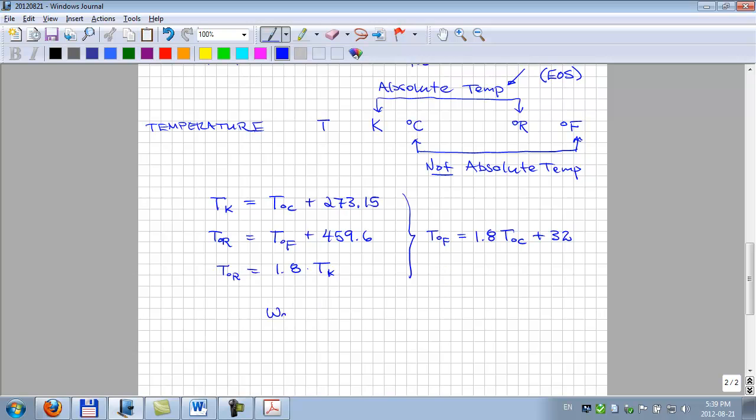So water boils at 100 degrees C, and of course at 1 atmosphere. And that's equivalent, what you'll find, to 212 degrees Fahrenheit: 1.8 times 100 is 180, plus 32.